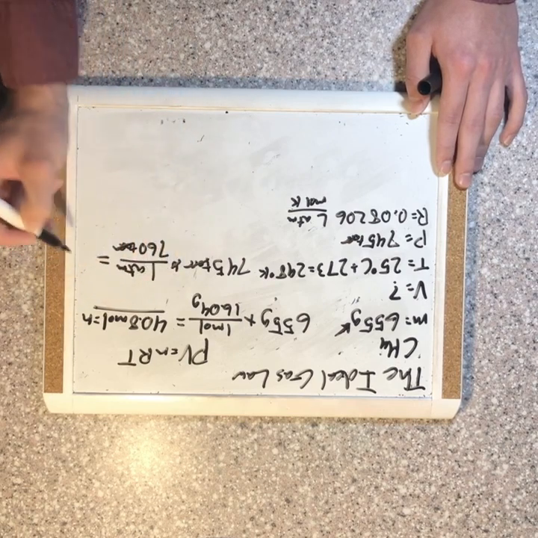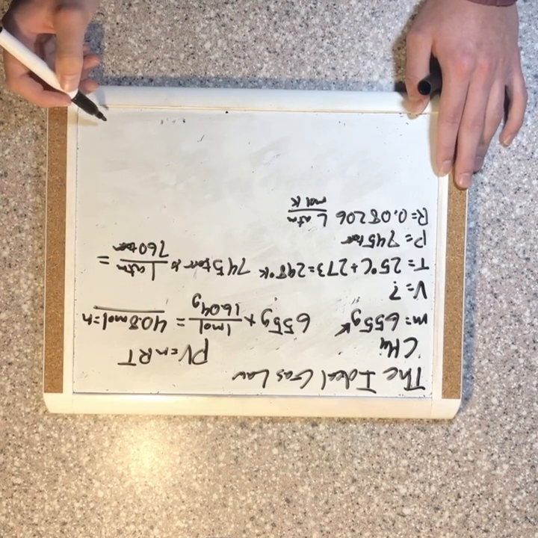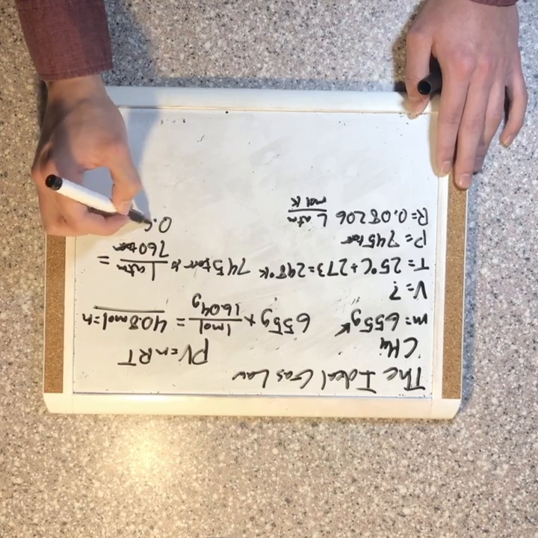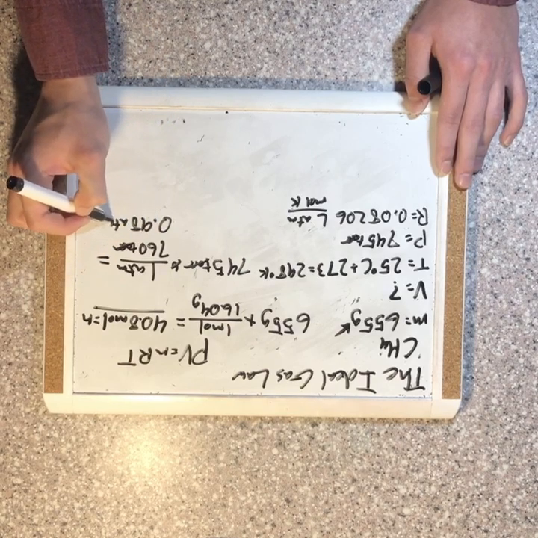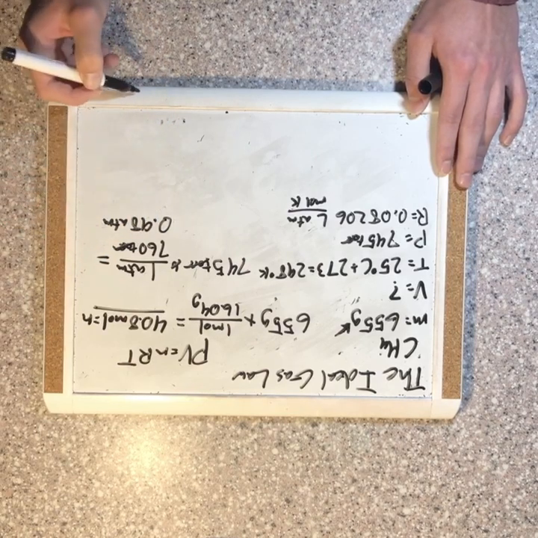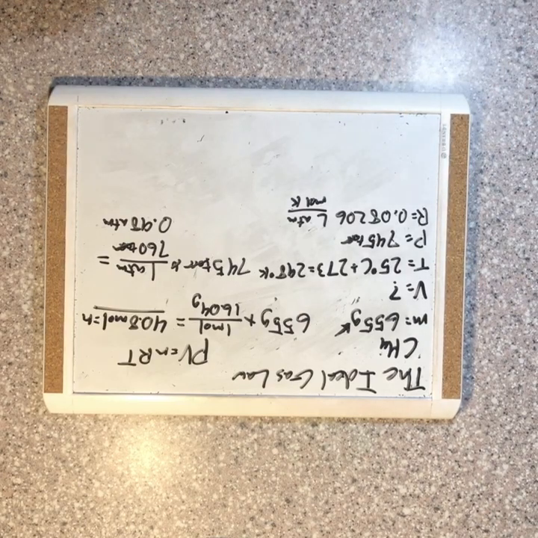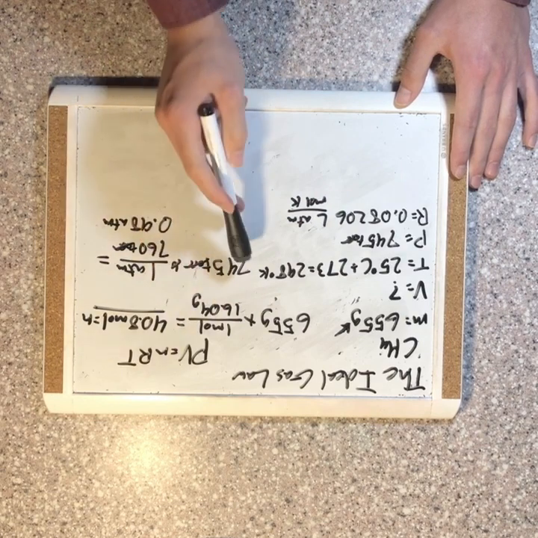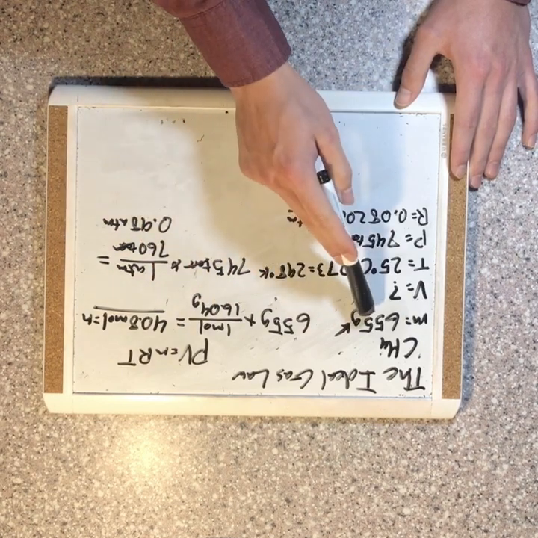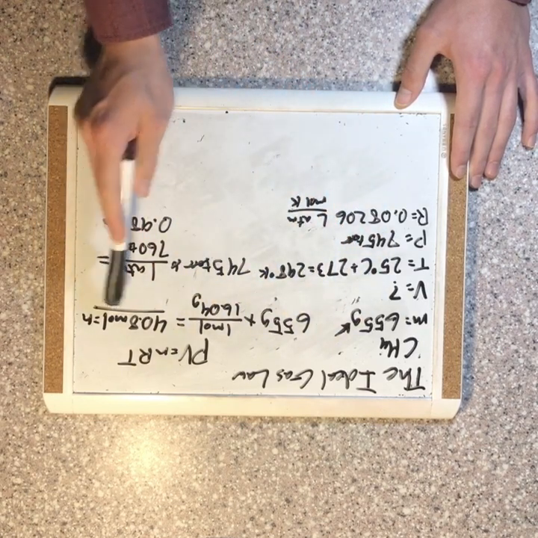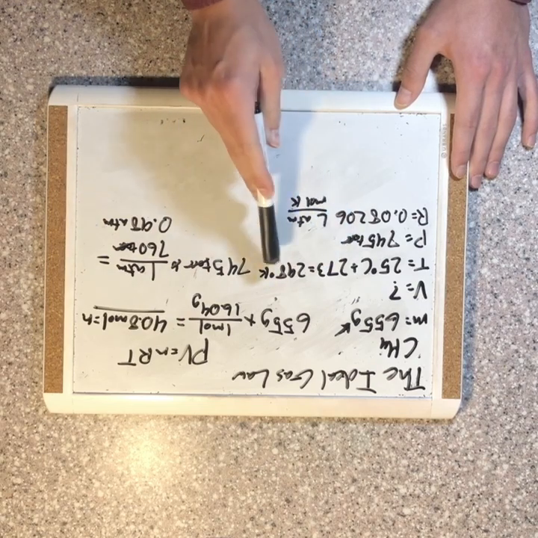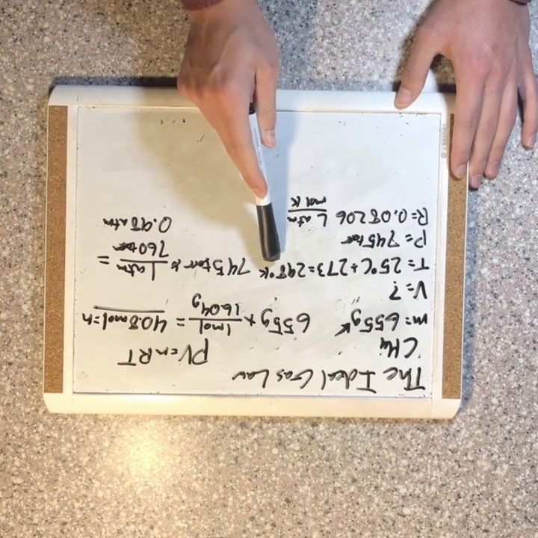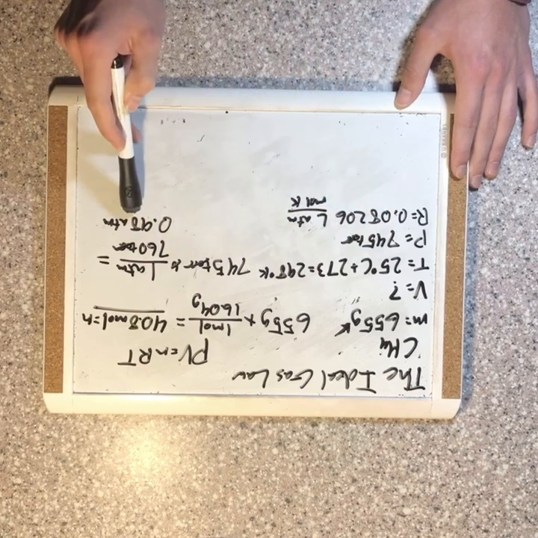Our torrs are going to cancel, and that is going to give us 0.98 atmospheres. Right? So that's going to set us up to use our ideal gas law. Once again, we took our mass, we converted it to moles, we took our temperature in Celsius, converted it to Kelvin, and we took our pressure in torr and converted it to atm.